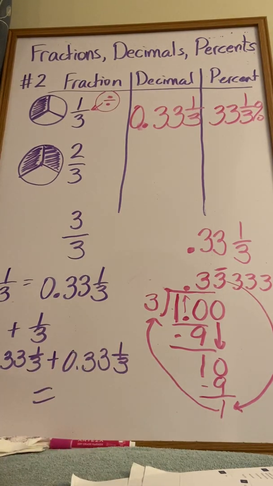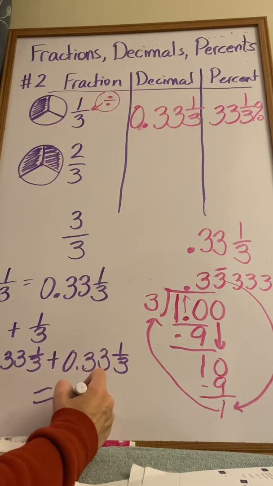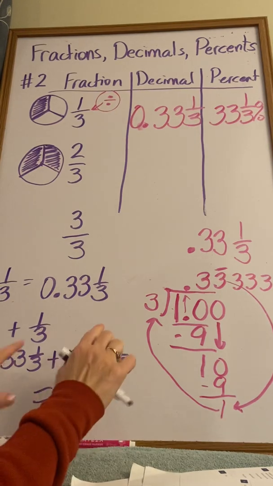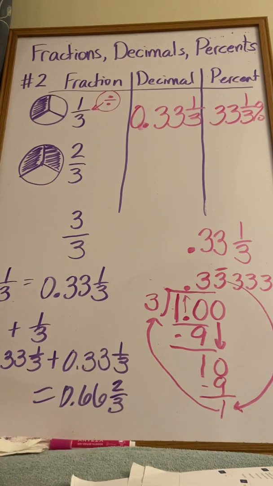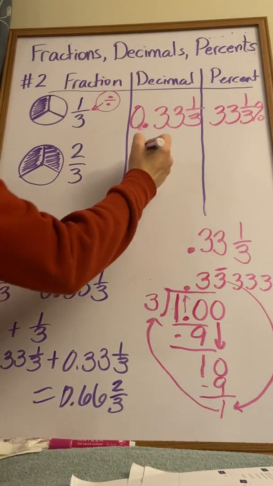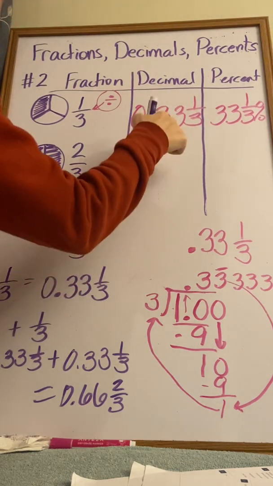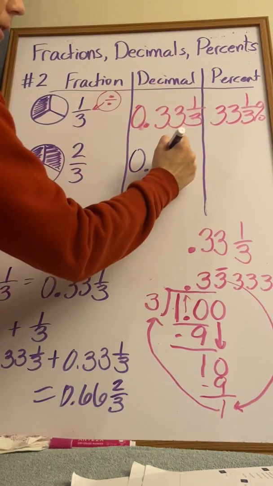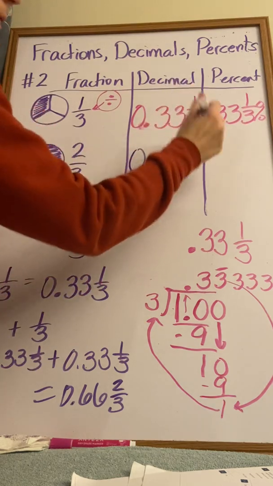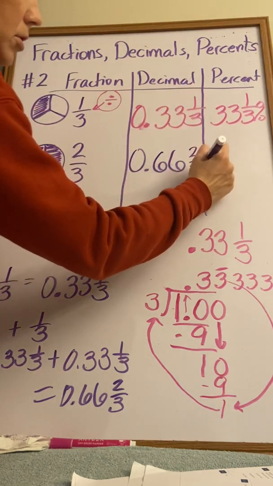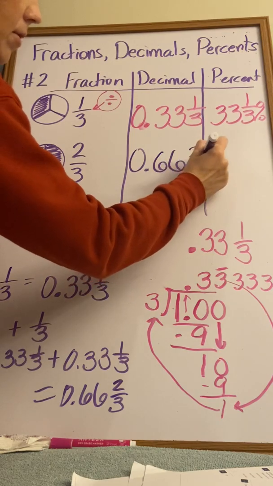And what would that be equal to? That would be 0.66, and 1/3 and 1/3 is 2/3. All right, so my decimal number is just really going to be this doubled. Double 33 is 66, double 1/3 is 2/3. That was crazy right there.